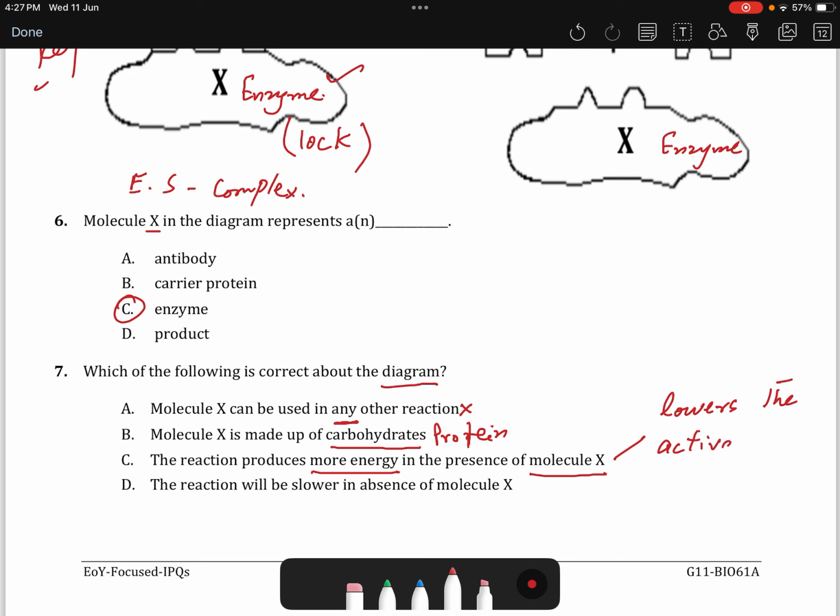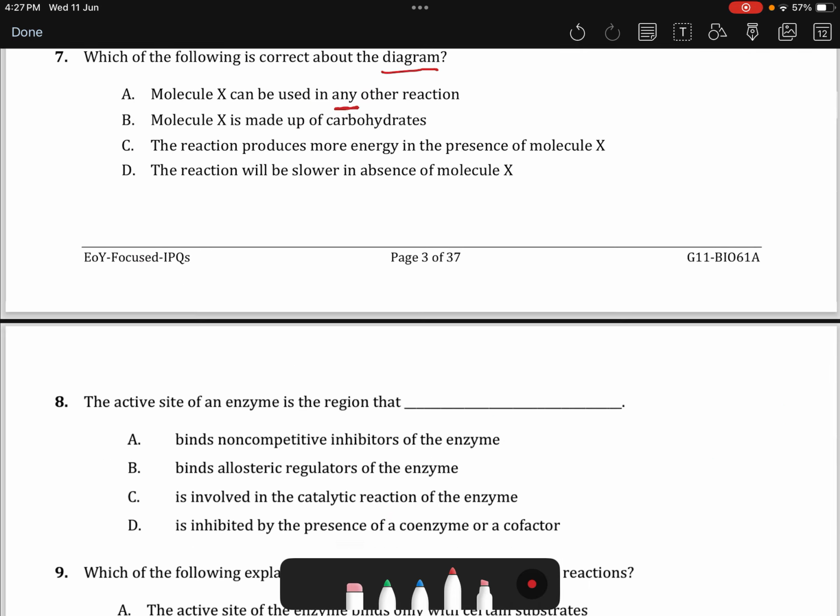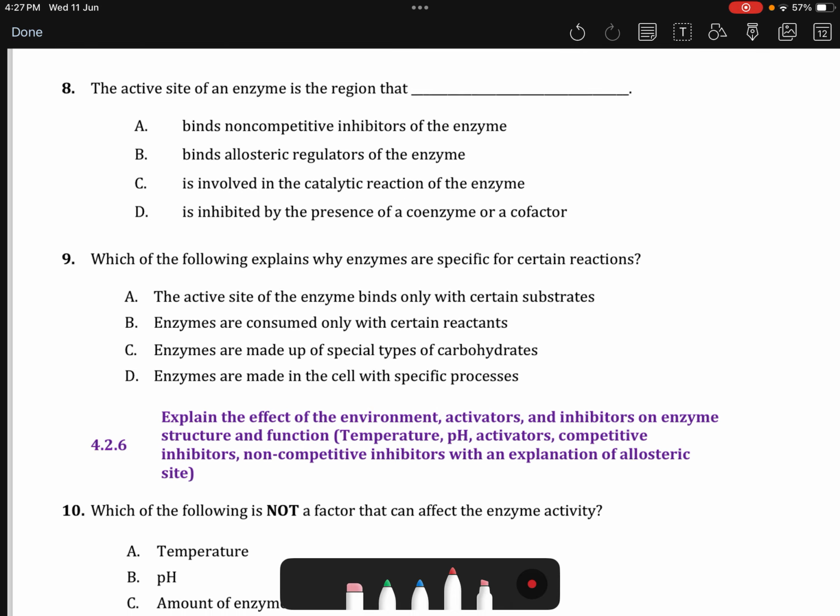This is what we have learned. The last option is going to be the answer, since all three upper ones are wrong: the reaction will be slower in the absence of molecule X, because molecule X speeds up the reaction. Yes, that's correct. Moving to the next page.